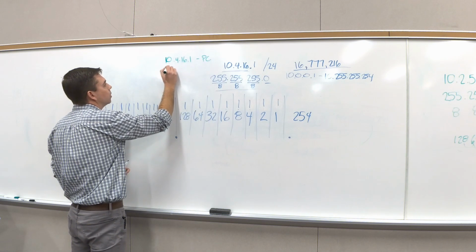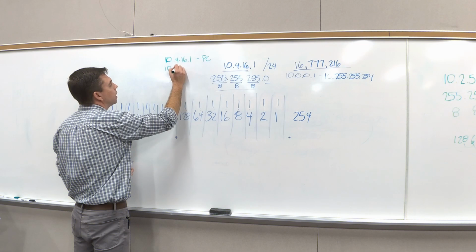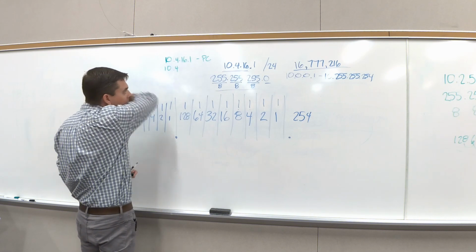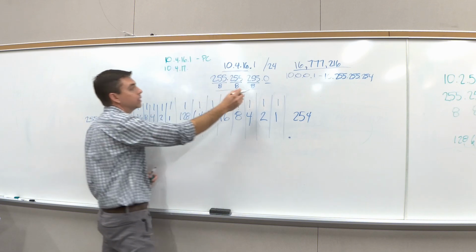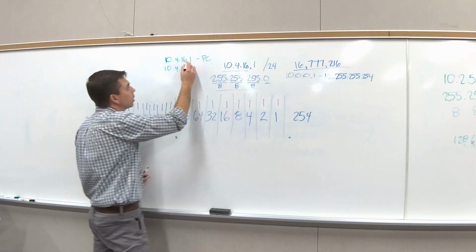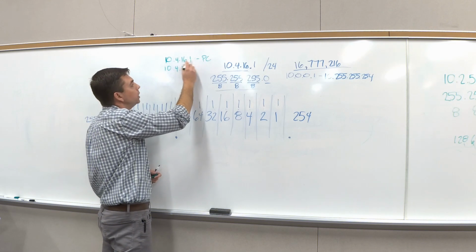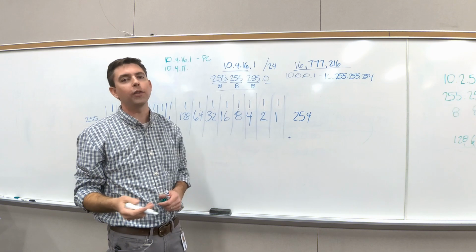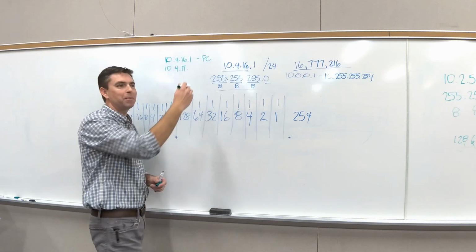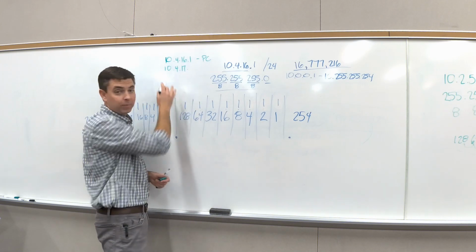And then we have 10.4.17 because it's the next range. We've already used up 254 available hosts up here. We need to move on to the next range, which flips that number over. It's kind of like an odometer on a car. As you begin to use up numbers, it's going to start flipping the other numbers.